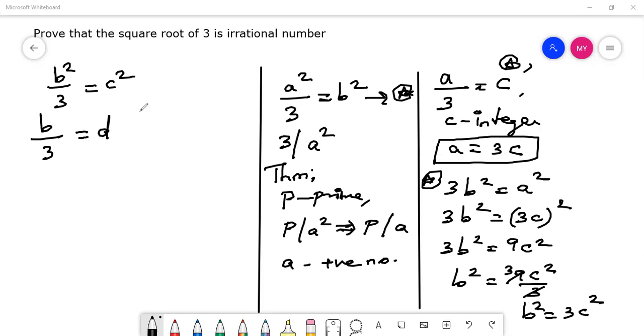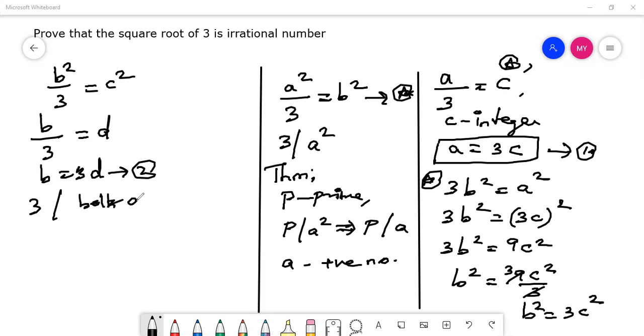So from a equals 3c and b equals 3d, from these two equations we can say that 3 divides both a and b. So a and b have a common factor 3.